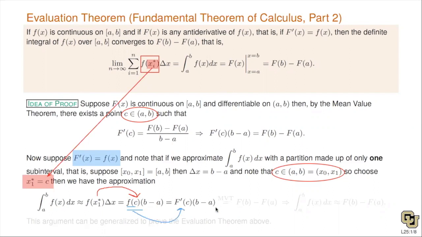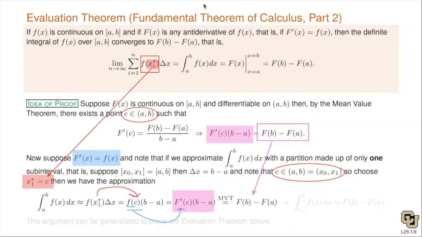And then the b minus a was the width, the delta x. But now look what happens. The mean value theorem exactly now says this thing, capital F prime of c times b minus a, equals F of b minus F of a. And so I can replace that by the mean value theorem with F of b minus F of a.